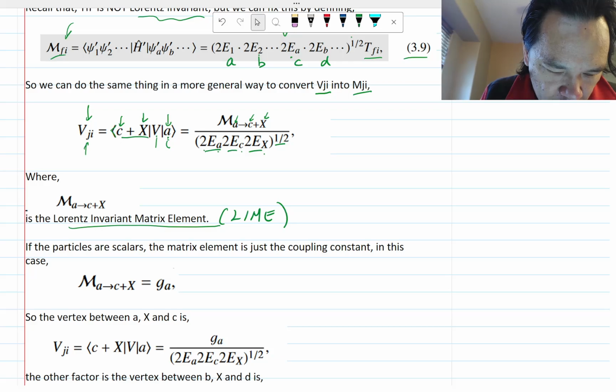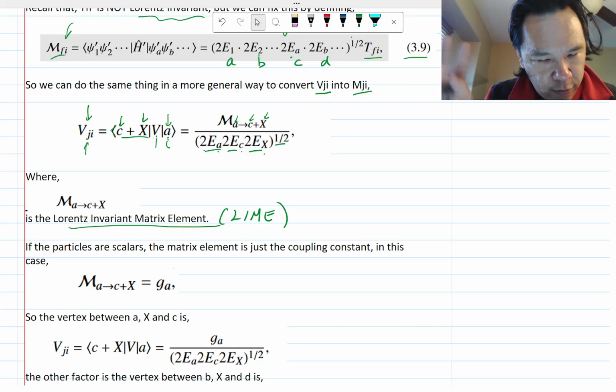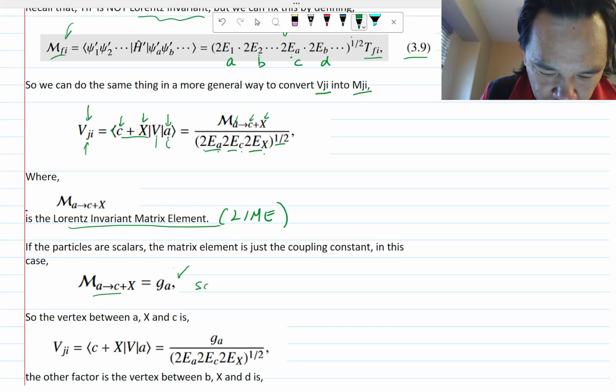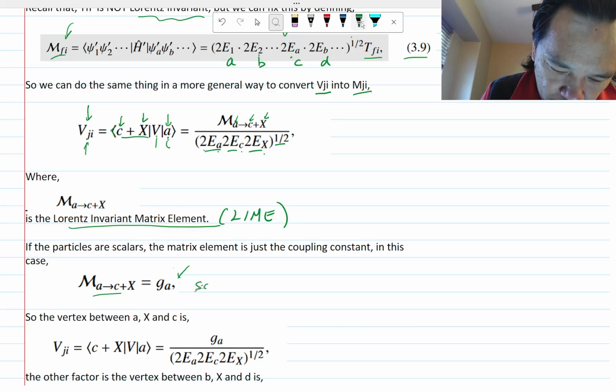So if the particles are scalars, meaning they don't have any spins, the stuff we dealt with last chapter, this matrix element can be quantified by a scalar, by a number.